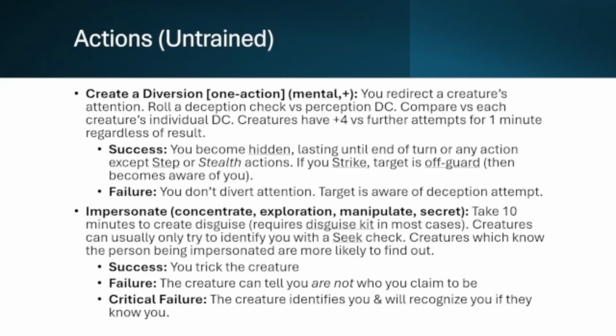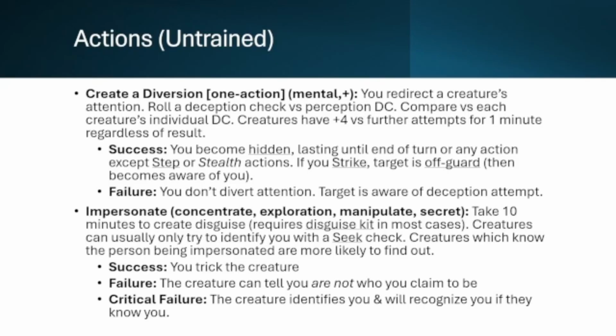Like if you're impersonating a guard in a large fortress, odds are that no creatures are going to be more likely to find you out. But if you're trying to impersonate, say, the Crown Prince, then it can change the DC. So generally, this action is more successful if you're impersonating a creature which you know well, or which you aren't really impersonating a specific person. Some GMs might require you to always choose one person.